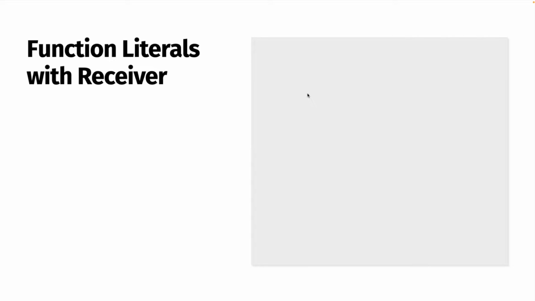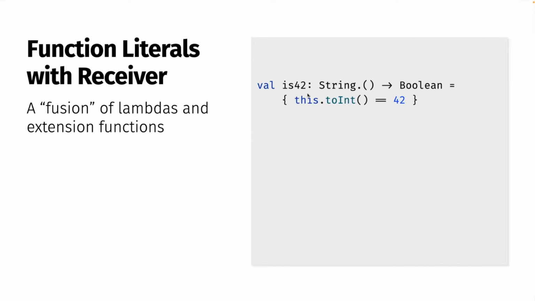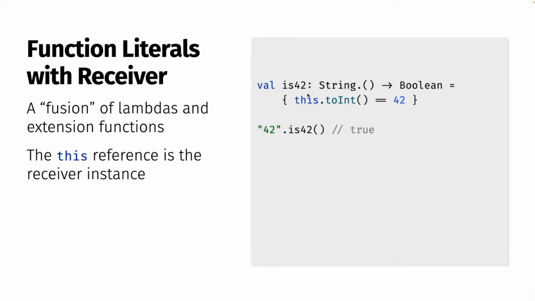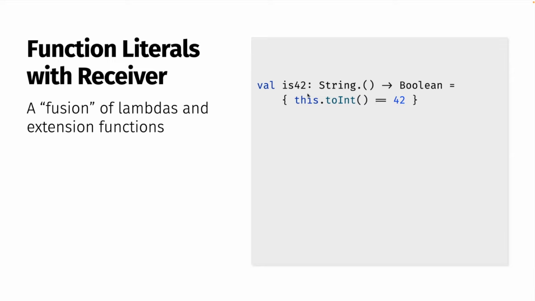Function literals with receiver are, let's say, a fusion of lambdas and extension functions. So they're kind of extension functions that we just assign to a variable, right? In this case, is42 inside the body. So again, here the type is no parameters to Boolean, and the receiver type is String, right?